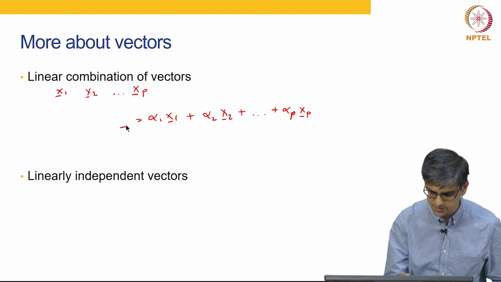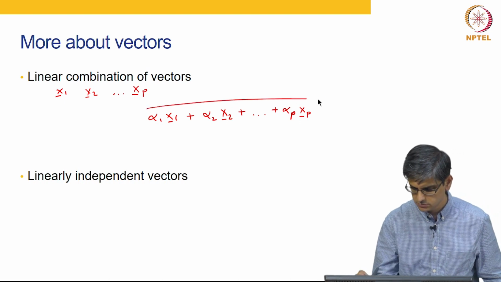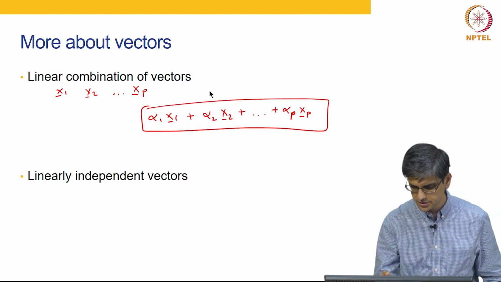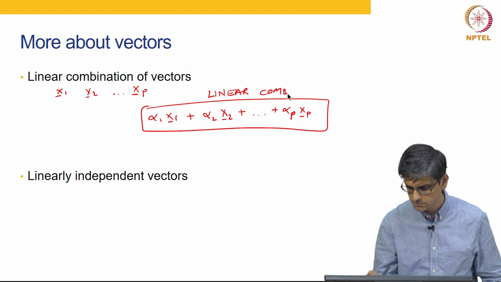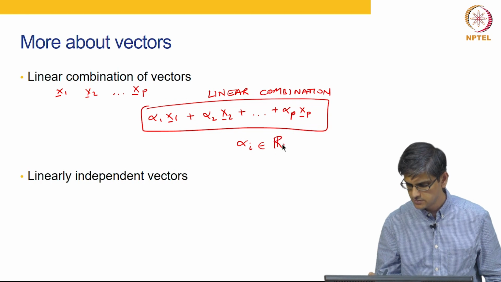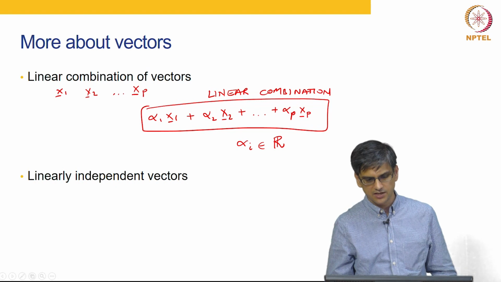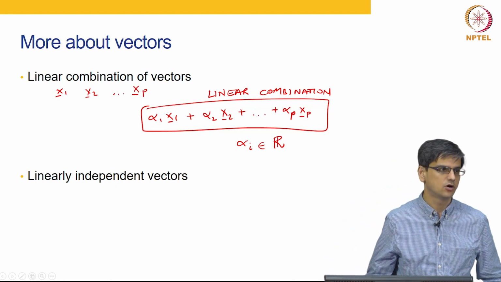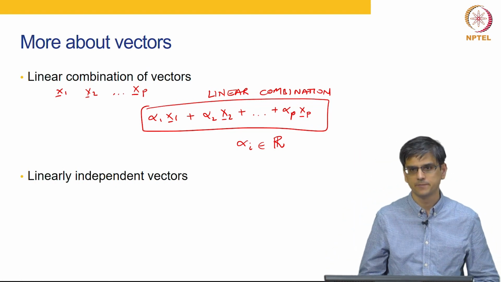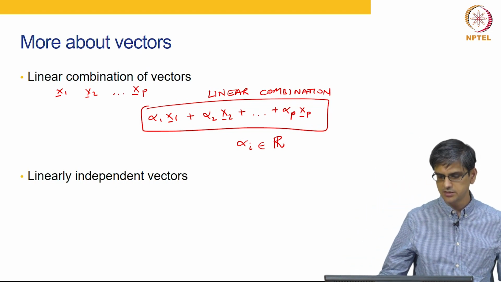This is a linear combination when the alpha i's are scalars. Alpha i's can be 0 or non-zero, positive, negative, they are all real scalars. That is the linear combination.